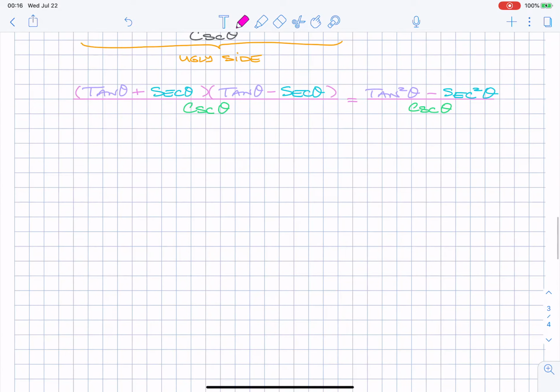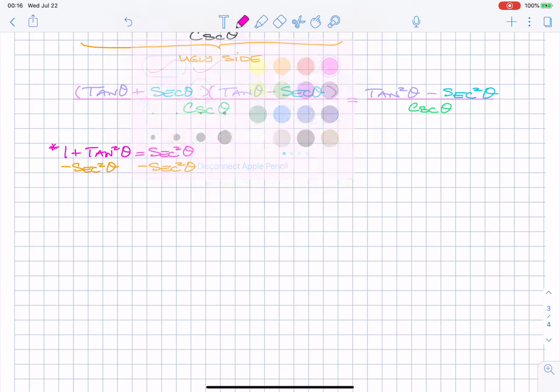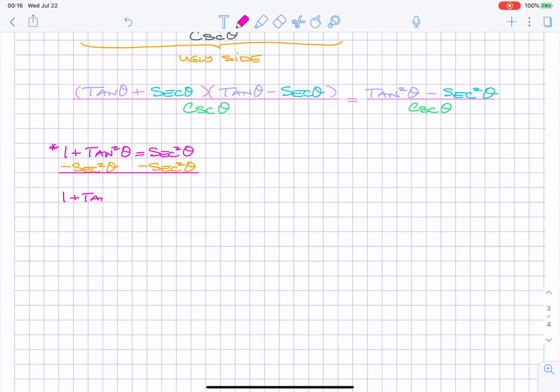So let's go off to this side. Let's put an asterisk here. 1 plus tangent squared theta is secant squared theta. But that's not what I have there. I have tangent squared theta minus secant squared theta. Okay, so let's go ahead and subtract secant squared theta. So what I get then would be 1 plus tangent squared theta minus secant squared theta is equal to 0.